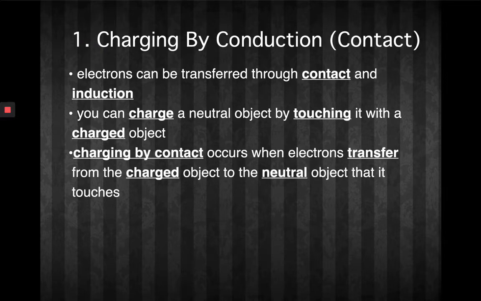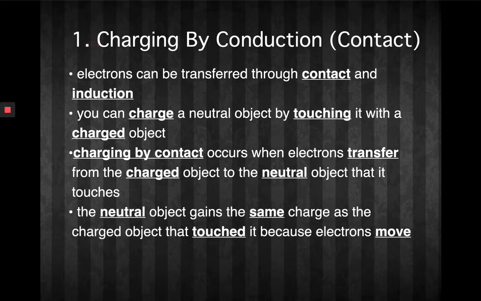So charging by contact occurs when electrons transfer from the charged object into the neutral object, or from the neutral object into the charged object, depending if it's positive or negative. So the neutral object is then going to gain the same charge as the charged object that it touched. And this is because our electrons move.